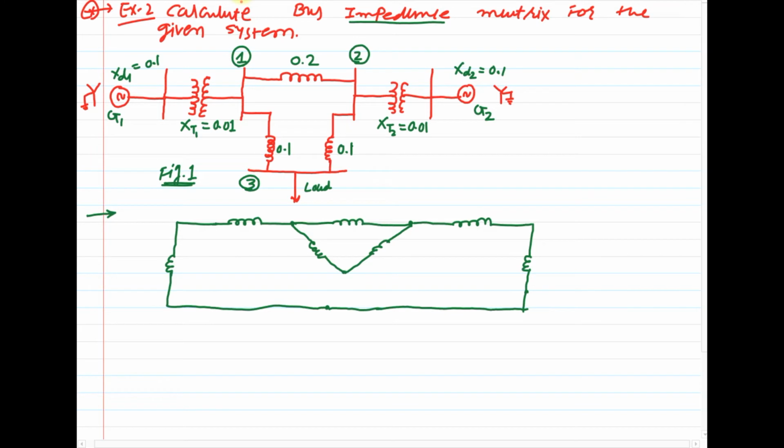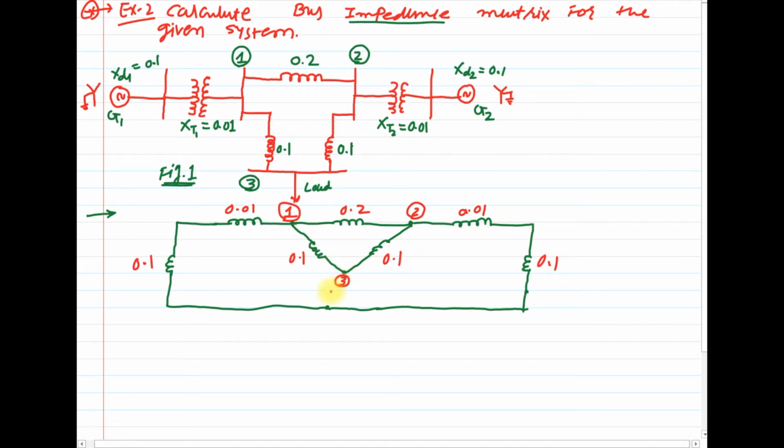I will write the value of each and every parameter. For this generator 1 it is 0.1, transformer 1 it is 0.01, this transmission line it is 0.2, 0.1, 0.1, 0.01 and 0.1.